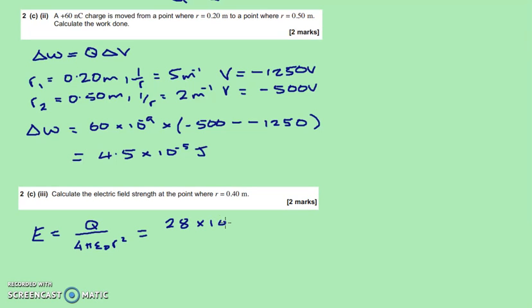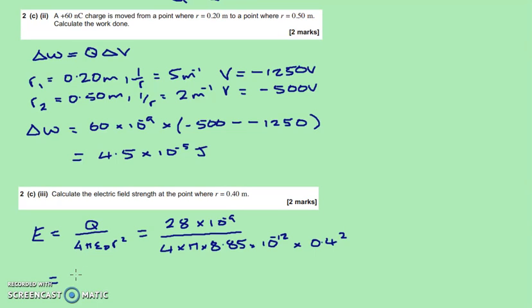So it's 28 times 10 to the power minus 9 coulombs, all over 4 times pi times 8.85 times 10 to the power minus 12 multiplied by 0.4 squared, which is fairly straightforward to type into your calculator.